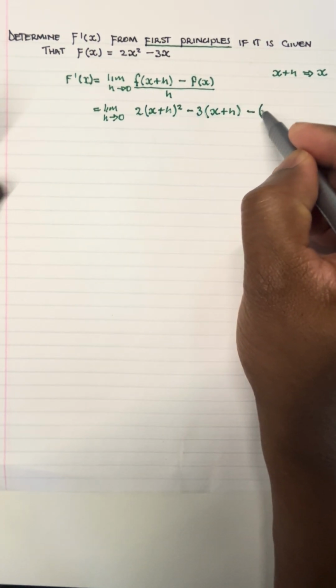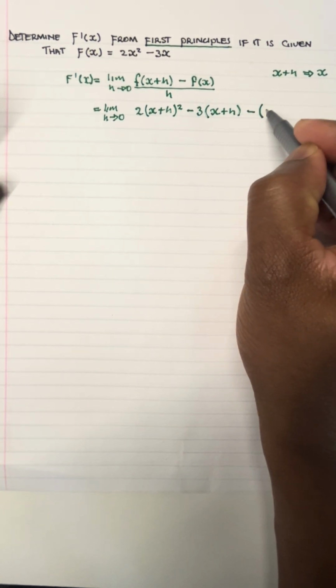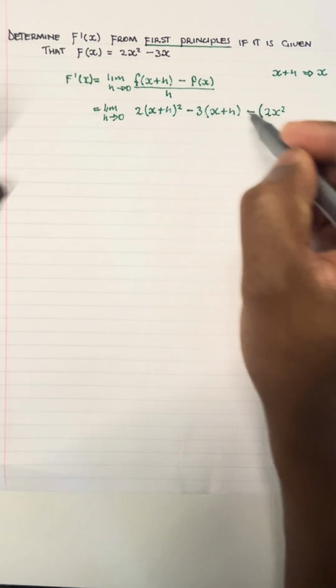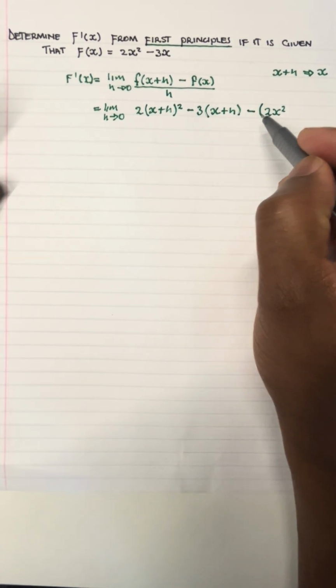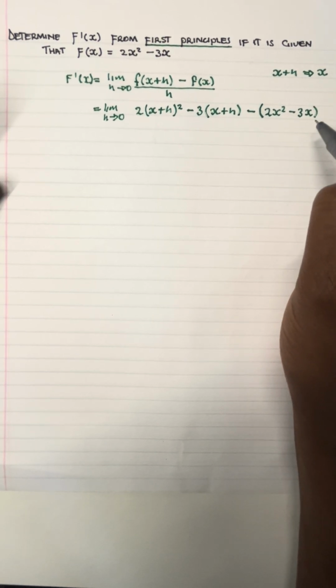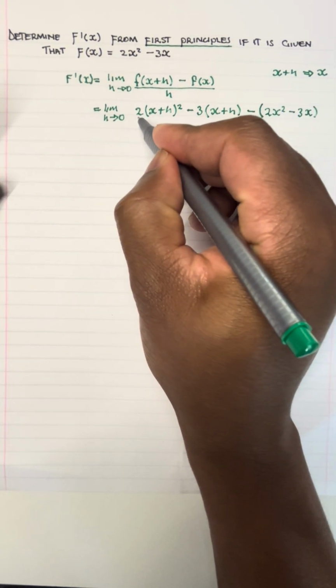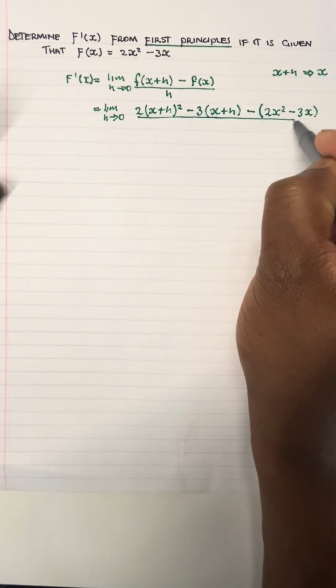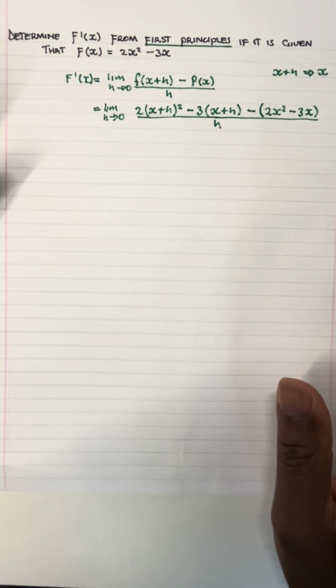This is just to remind me that everything inside is going to be multiplied by that negative sign. In that way, we don't end up getting an incorrect answer. Okay, and then we take everything as it is and divide it by h.